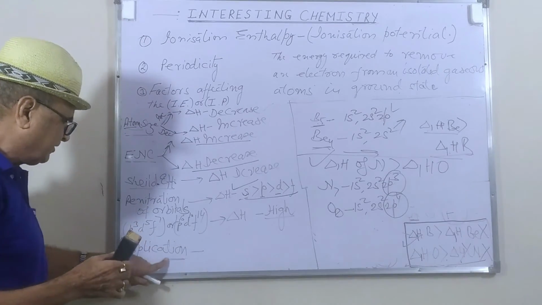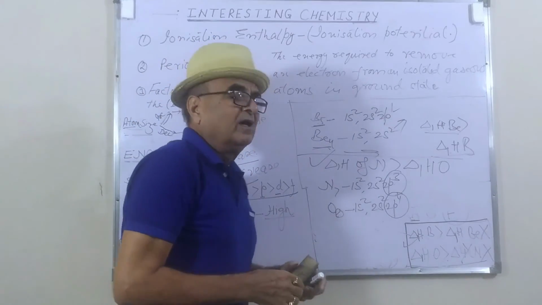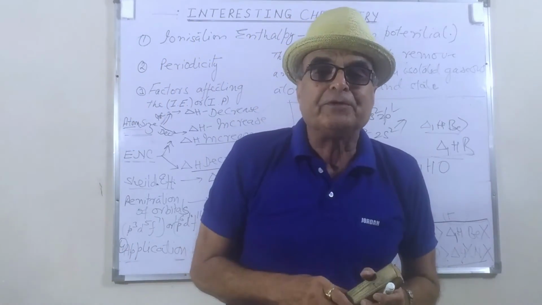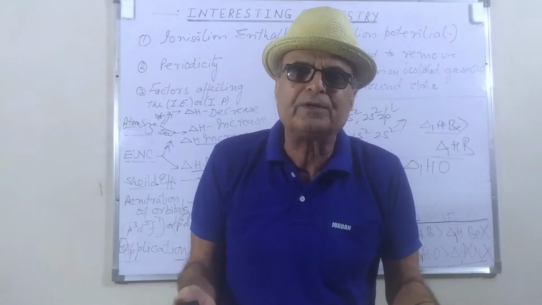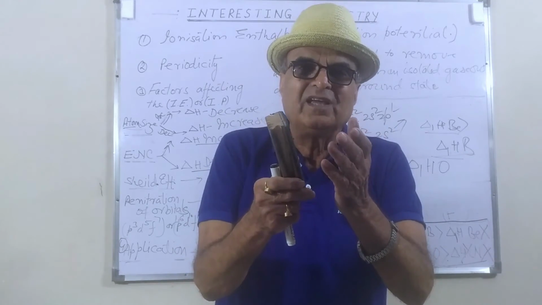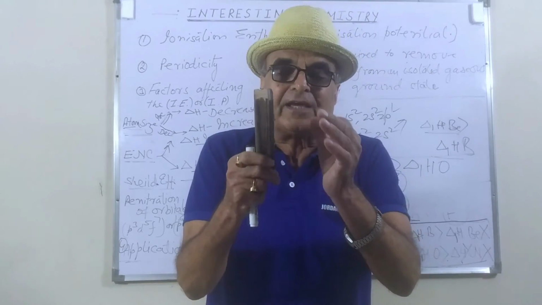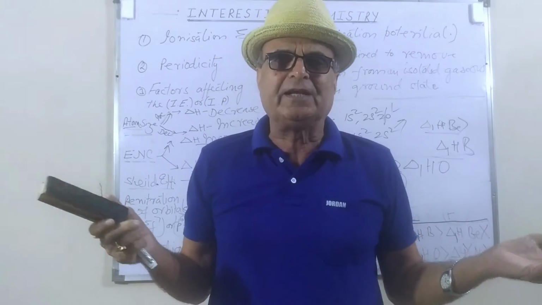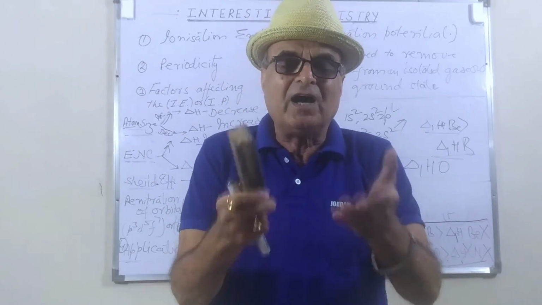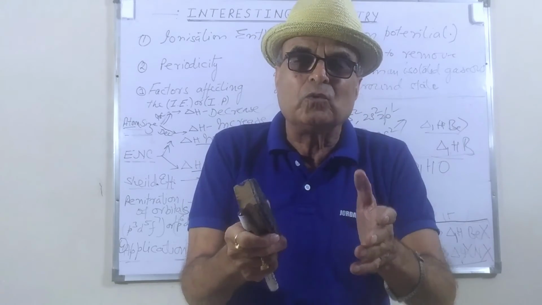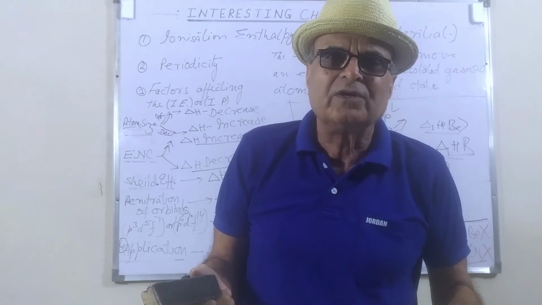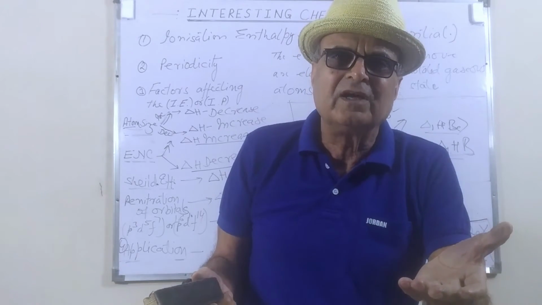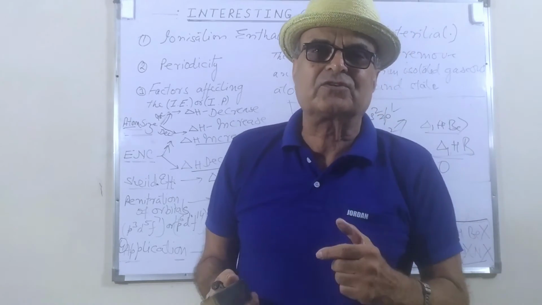Now I am coming to the application: the removal of electron, or the capacity of donating an electron. The elements that donate electrons easily are called metals.